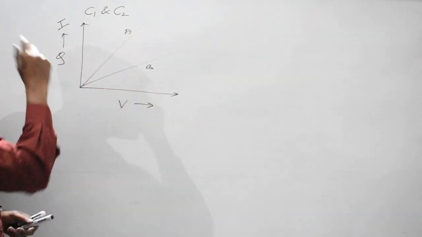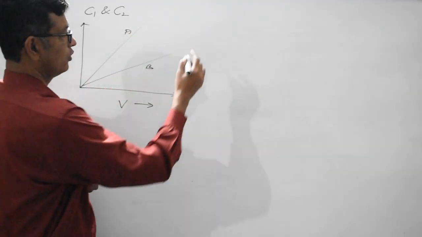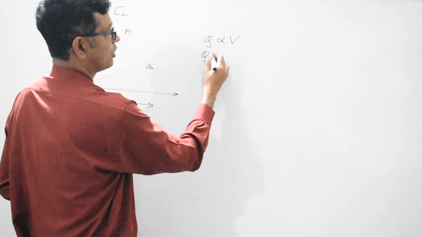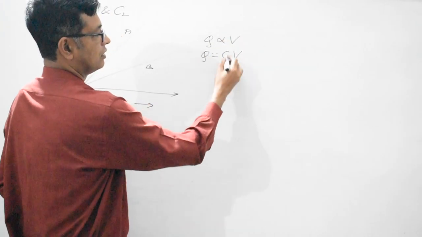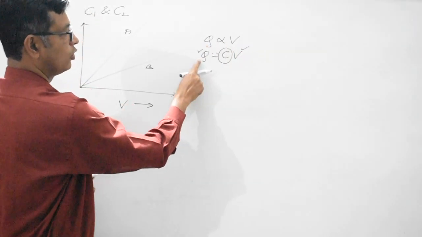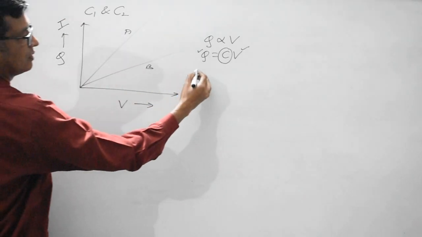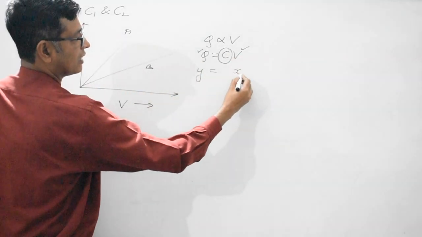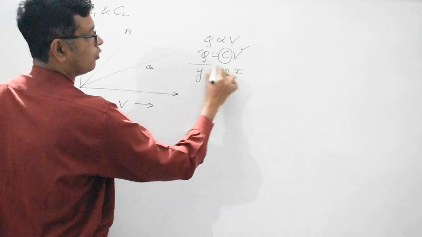So how to approach this question? First and foremost, we are aware of this formula: Q is directly proportional to V, or Q equals CV, where C is constant, the capacitance. If Q is represented along the y-axis and potential difference V along the x-axis, then it is of the form y equals mx.